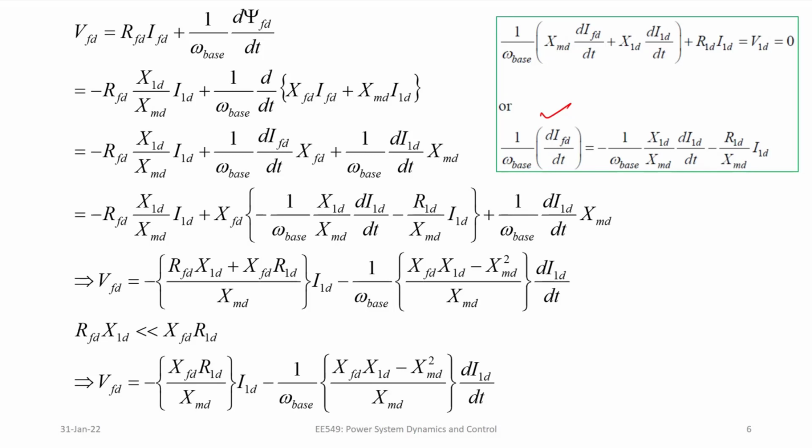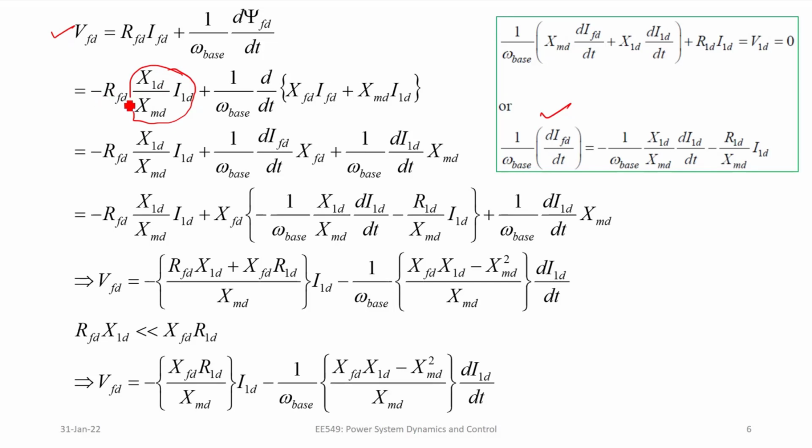So how will we express it? We know VFD equals RFD into IFD plus 1 by omega base d psi FD by dt. In the case of IFD, I can substitute X1D by XMD I1D from the previous equation.